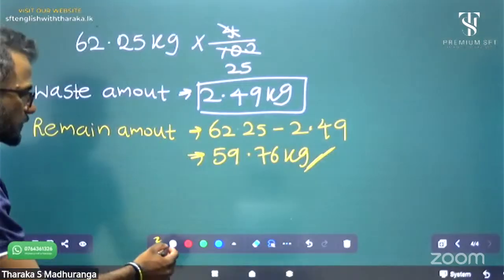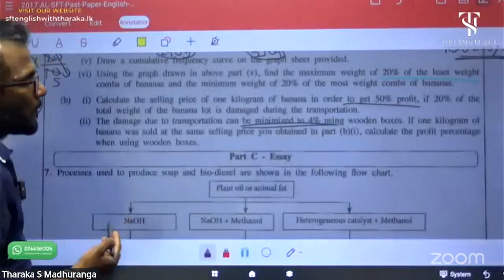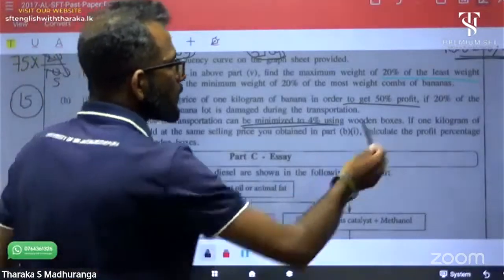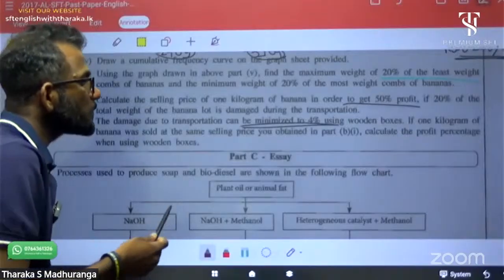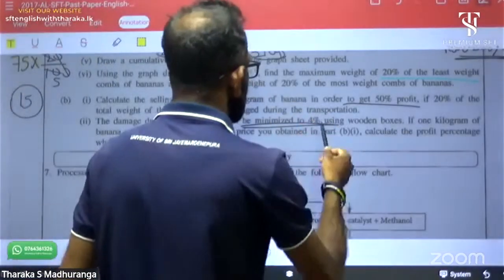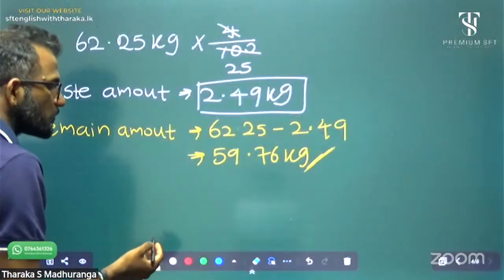Okay, now let's take the total income. The question says, if 1 kilogram of banana was sold at the same selling price as in the previous question.